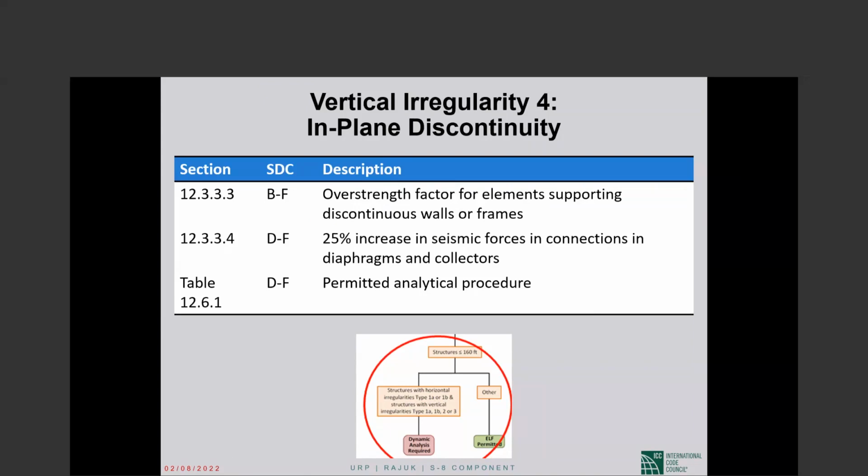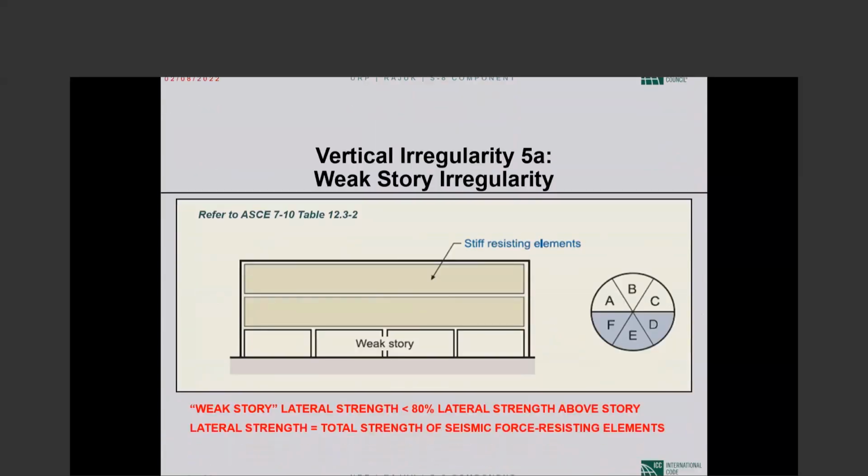And then the permitted analytical procedure: actually, type 4 is not one of the bad irregularities. So when you go to this table, it will require dynamic analysis only for the taller buildings exceeding 160 feet in height. Otherwise the table will tell you that you can do the equivalent lateral force procedure.